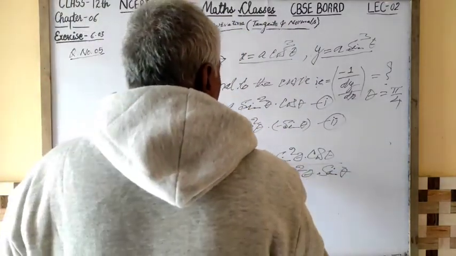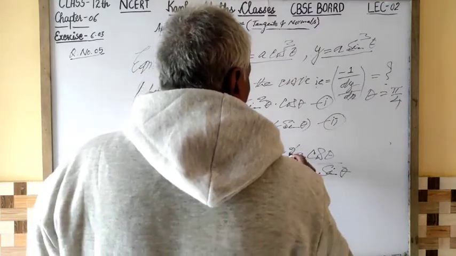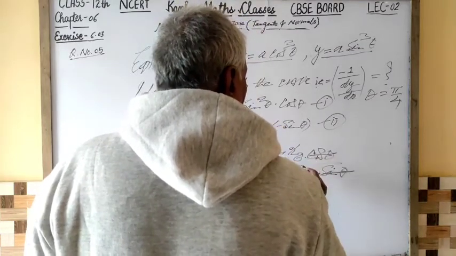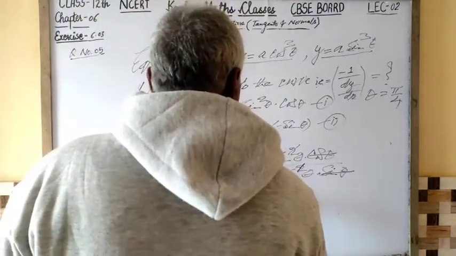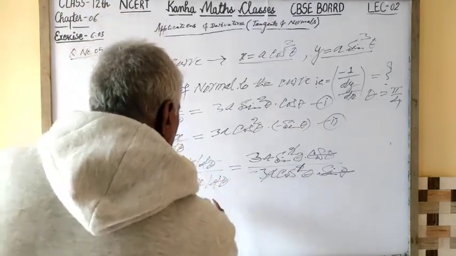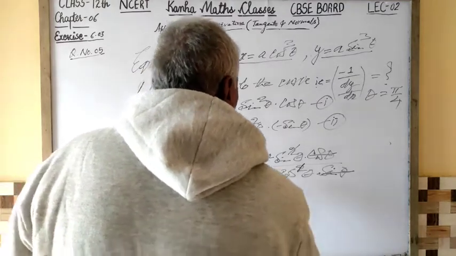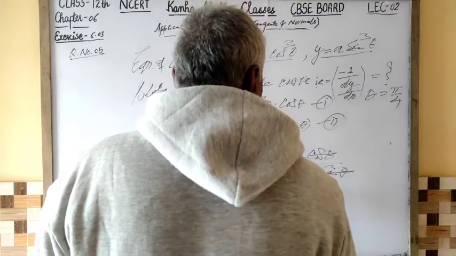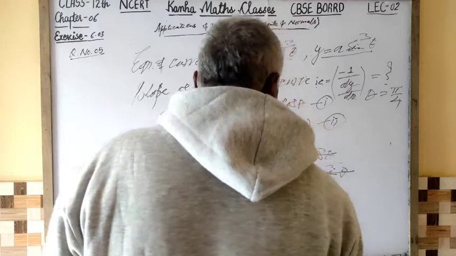Here 3a will be cancelled by 3a, and one sin theta will be cancelled by sin theta. Similarly one cos theta is cancelled, and d theta is cancelled by d theta. This will be equal to dy by dx. So dy by dx is equal to minus, we have left in the numerator sin theta and in the denominator cos theta, that means minus tan theta.